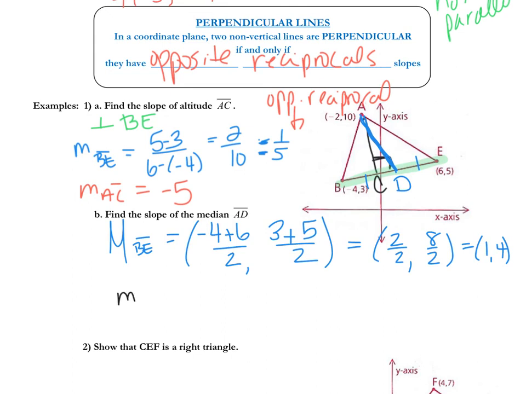So the slope of AD is going to be 4 minus 10 over 1 minus a negative 2. That gives me negative 6 over 3. So the slope of the median is negative 2.